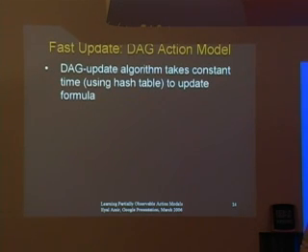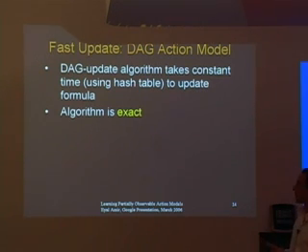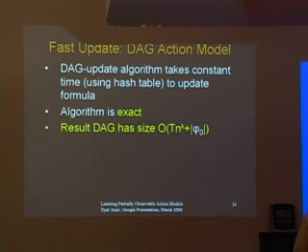The interesting features of it are that it takes constant time to do the update, assuming that I use a hash table, and really the constant time is constant times the number of features that you need to update with your action. The algorithm is exact. That is, we are not losing any models in this representation.